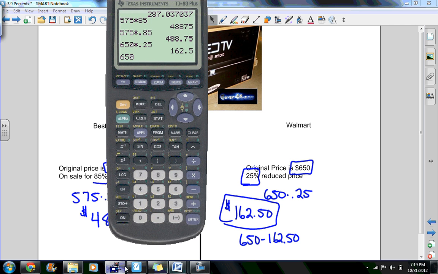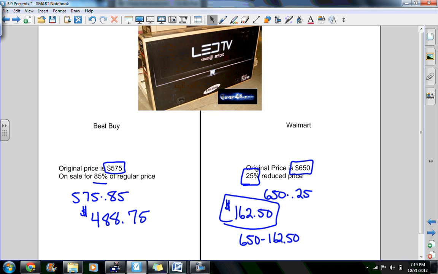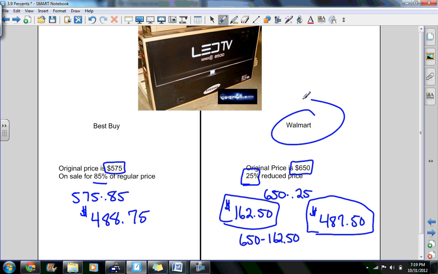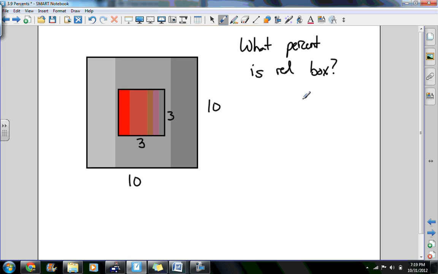And I'm hoping that you saw that number and you immediately went, oh, that's not what it's supposed to be. That'd be a pretty massive drop for a TV cost. So it's 487.5. Turns out these are incredibly close. But Walmart's is actually just over $1 cheaper. So Walmart wins. Sadly, Walmart wins.